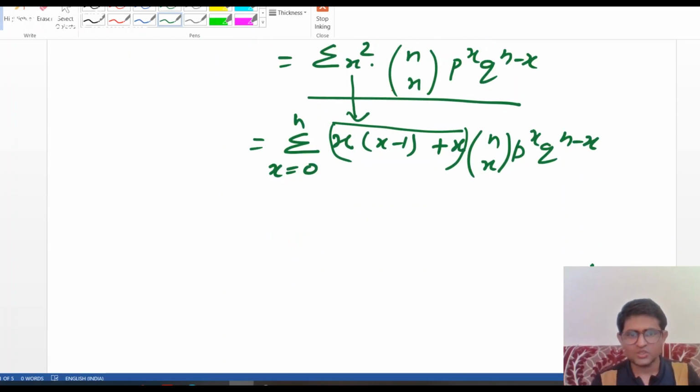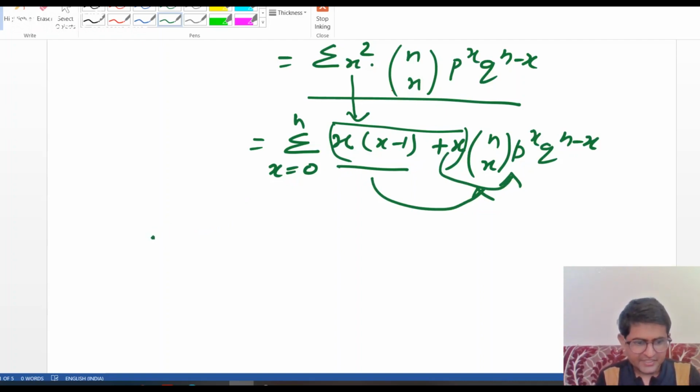We expand x square in the form of x minus 1 plus x. First multiply x minus 1 into this, and second multiply x into this one.